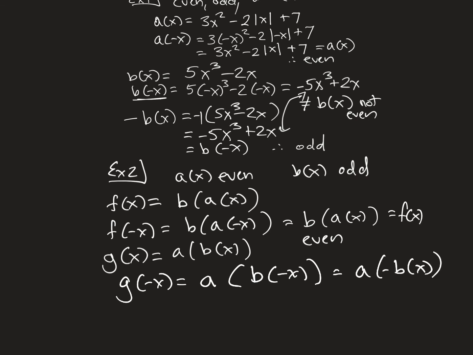So now I'm saying a of some negative b of x. But because a is even, a of negative something is the same as a of that something. So a of b of x. So it turns out that since it equals g of x, it's even. Both compositions here ended up being even.